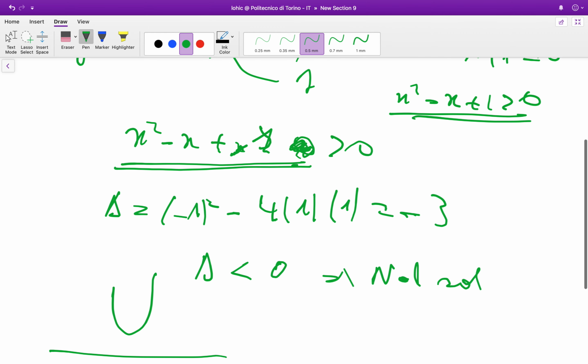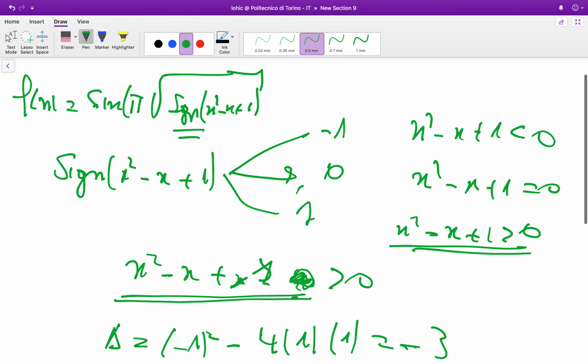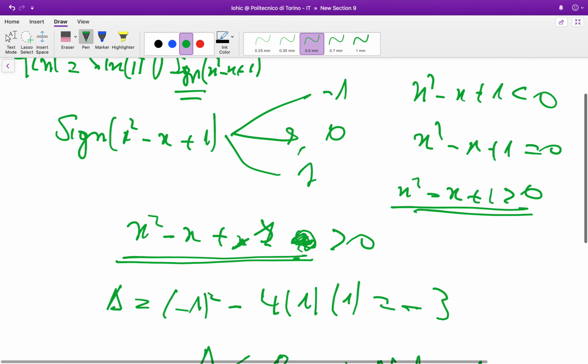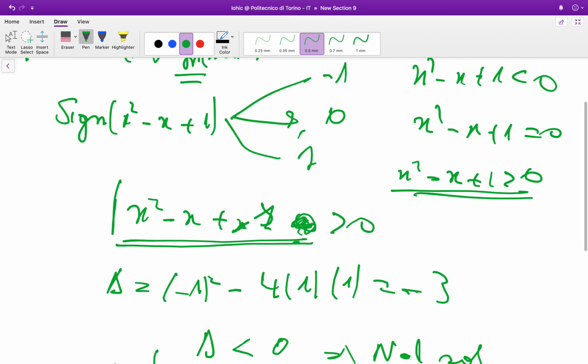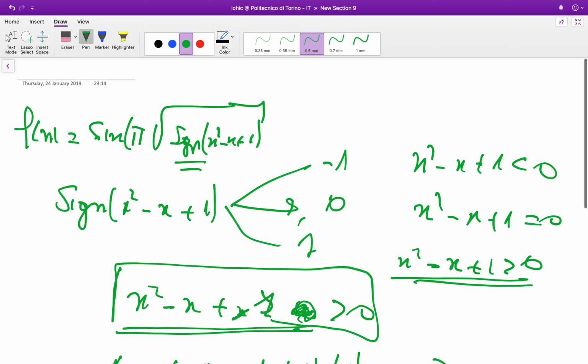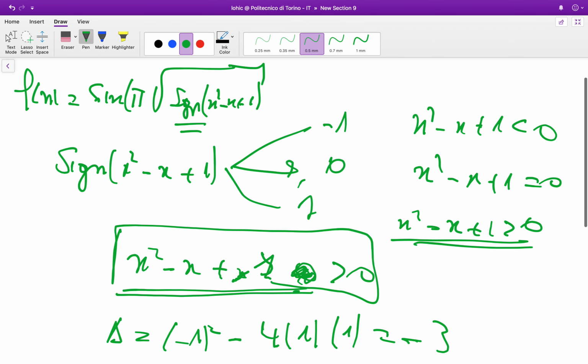So the question of my student is whether I can repeat the step again. We want to solve this to understand when the secant will be minus 1, when it will be 0, and when it will be 1. Is that clear?